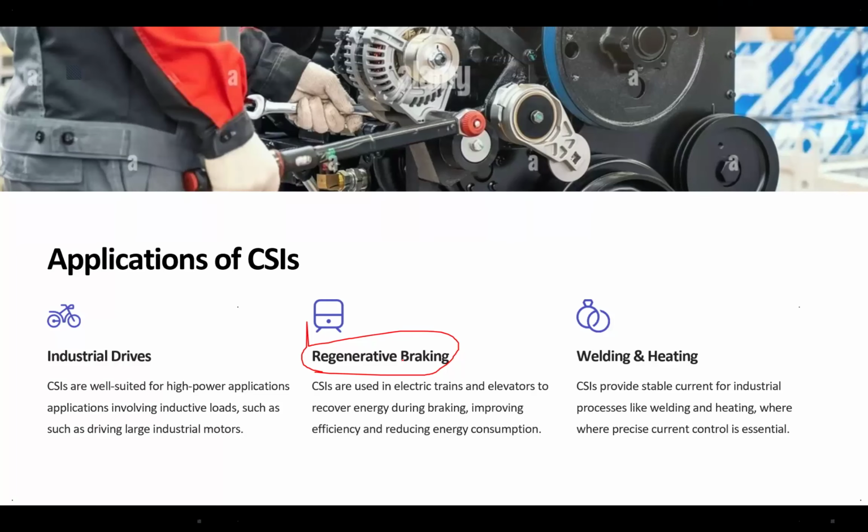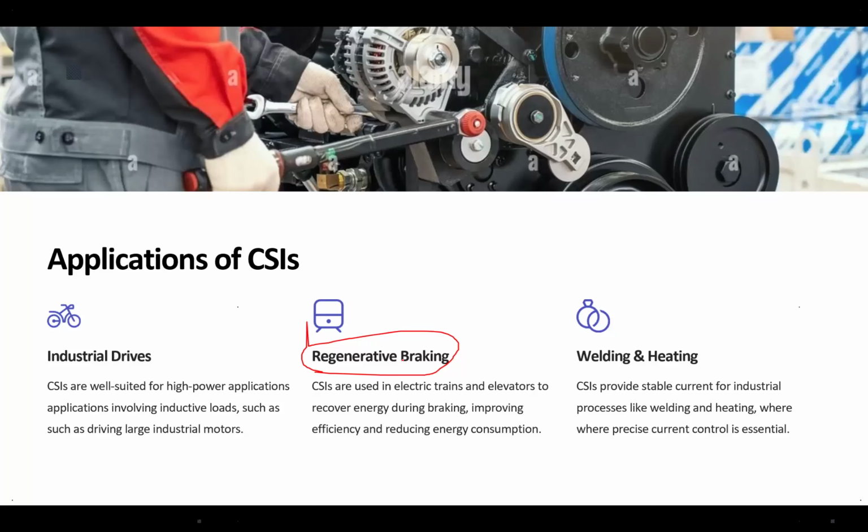In Tesla vehicles, when you hit the brake, instead of losing the kinetic energy of the vehicle through the brakes, they try to use it to generate energy and recharge the batteries.